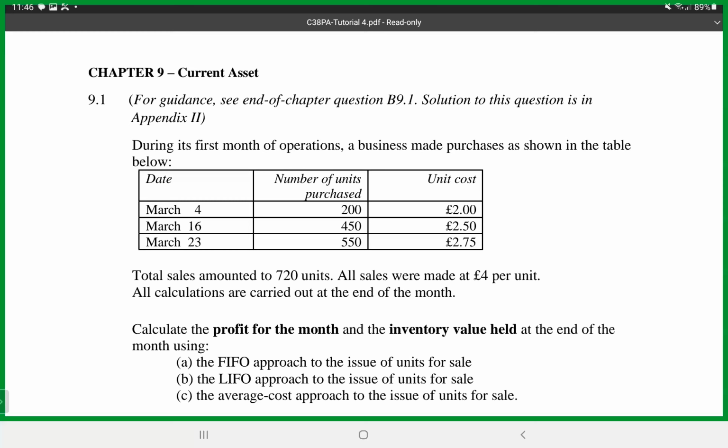For 16 March and for 23rd. It is first in, first out. So the next slot that should go is the one for 16 March. So this one has to go first. So 520 will go on the 16th March.